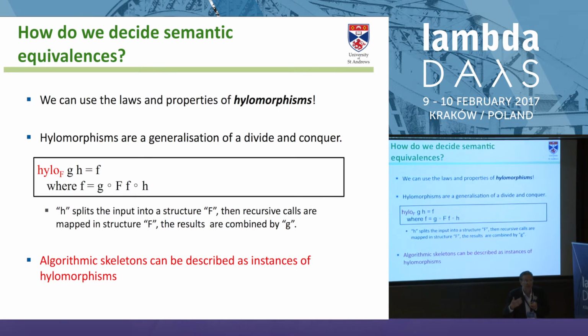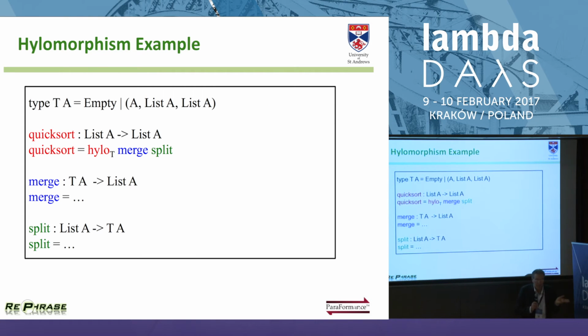And it turns out that the skeletons I described to you can be defined as instances of hylomorphisms, which is very cool. So here's a little example. Quick sort. If you start off with a type T, and the T is the three parts that you get when dividing a quick sort.